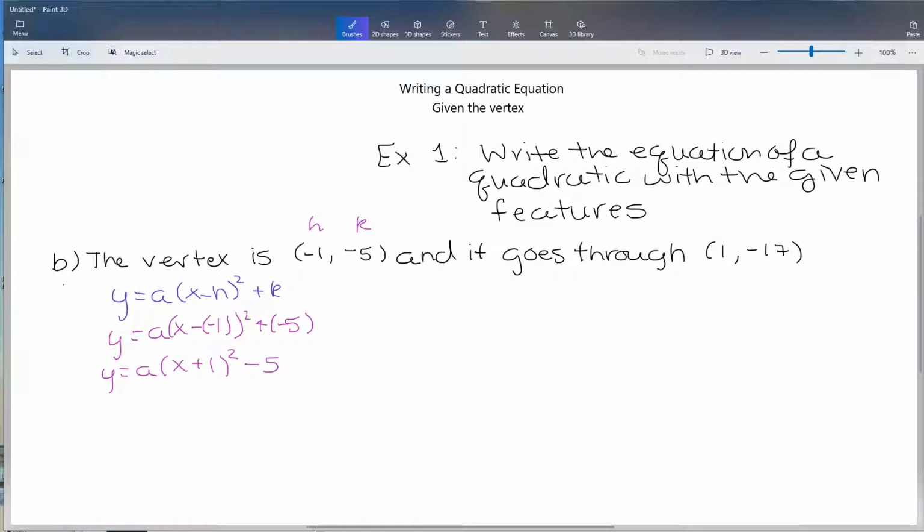So once I have my vertex plugged in, then I'm going to find a, and I do that by plugging in my second point. Okay, so I'm going to plug in negative 17 for y, oops, and I need to plug in 1 for x.